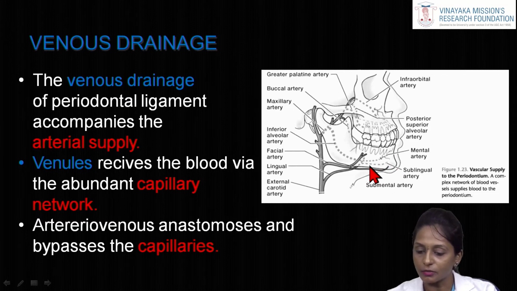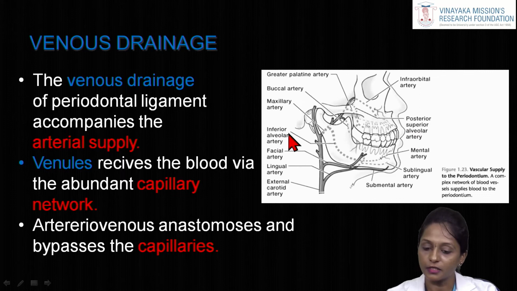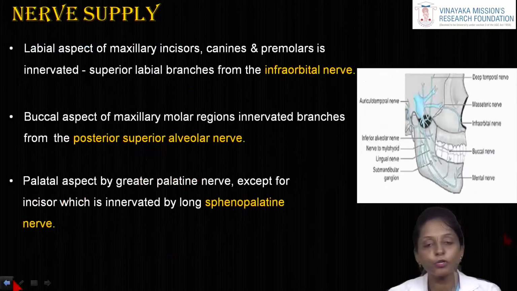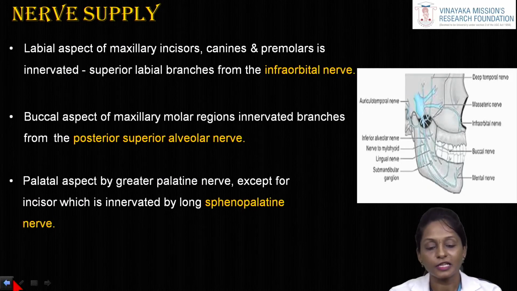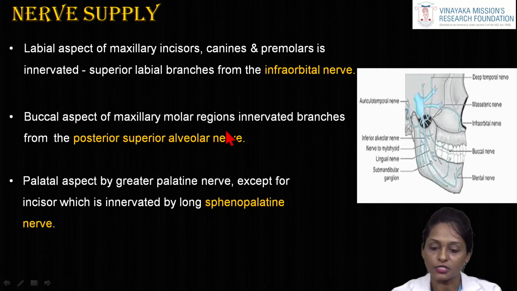So this is your sublingual artery, and the maxilla is supplied by the posterior superior alveolar artery, anterior superior alveolar artery and the middle superior alveolar arteries. Moving on to the nerve supply. The labial aspects of the maxillary incisors, canines and premolars are innervated by the superior labial branches from the infraorbital nerve, and the buccal aspect of the maxillary molar regions is innervated by branches from the posterior superior alveolar nerve.